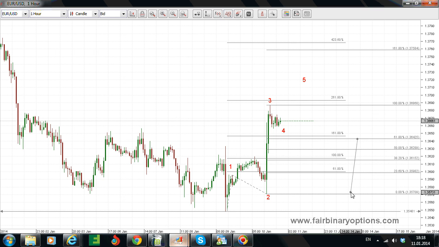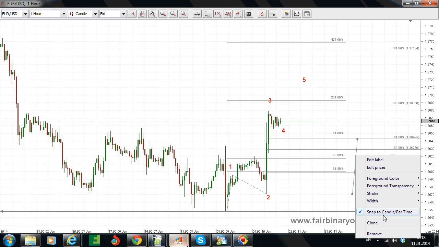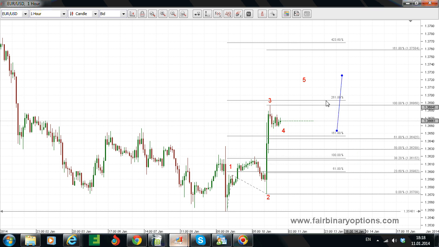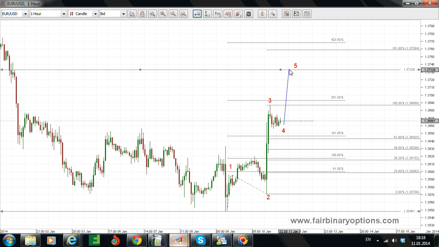So the fifth wave should go, by the time this triangle closes, let's say that it will be around here. So the maximum value for the fifth wave should be, let's take a horizontal line, 137.33. That would be the maximum value for the fifth wave if we have a third wave extension.